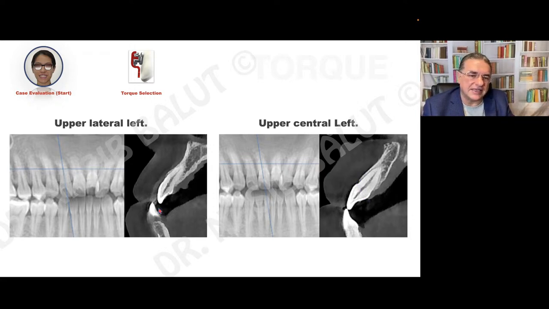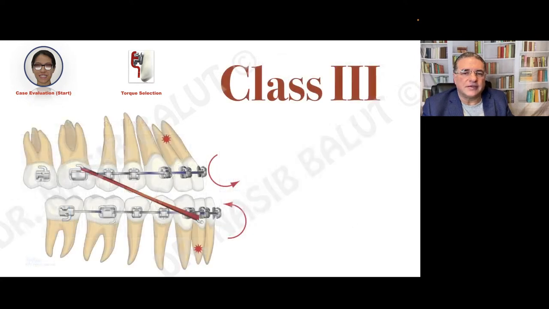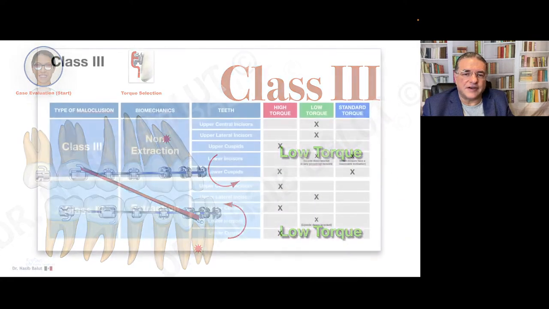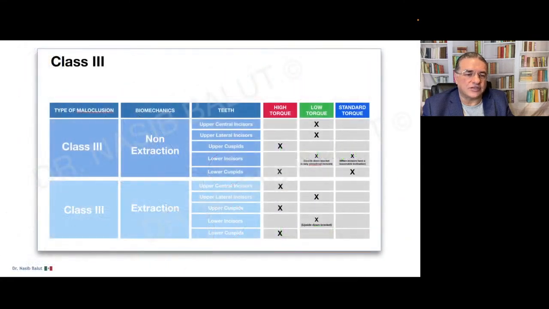We can see the class 3, the anterior negative crossbite that we have at the level of the lateral left incisors and on the central. So watch out with our mechanics. This is very important for the torque selection.